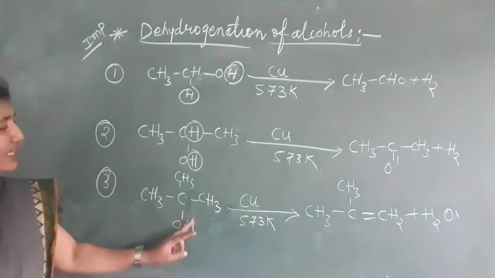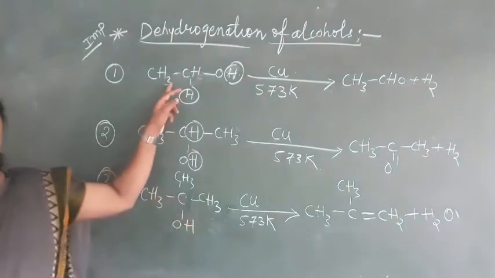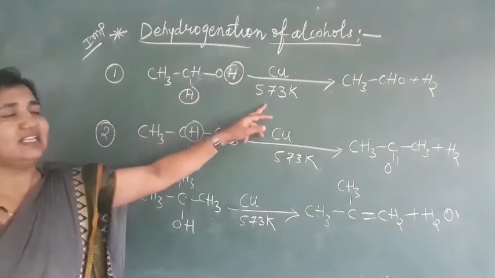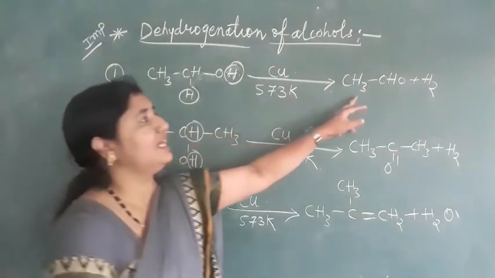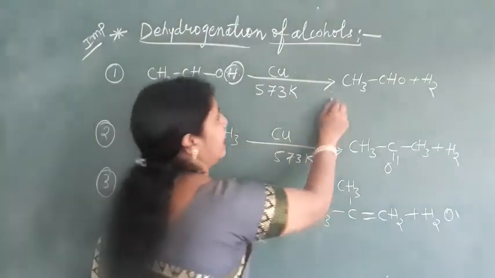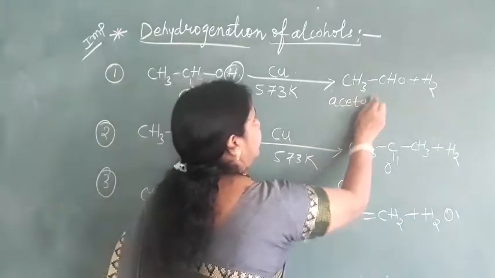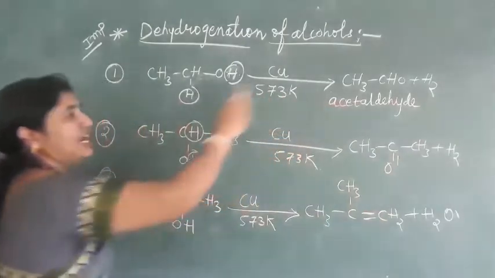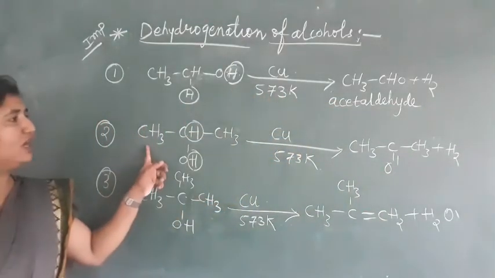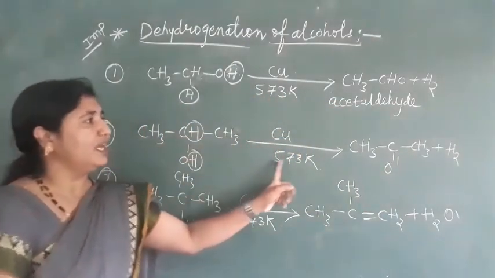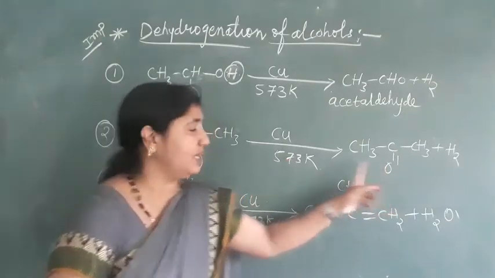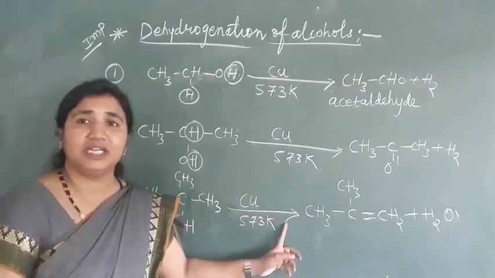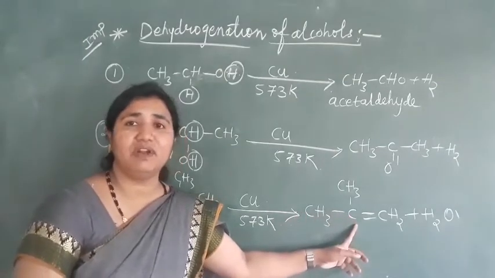So what are we getting here? Primary alcohols when passed over copper at 573 Kelvin give aldehyde, acetaldehyde. Secondary alcohols when passed over copper give ketone. And tertiary alcohols undergo dehydration and give alkene.